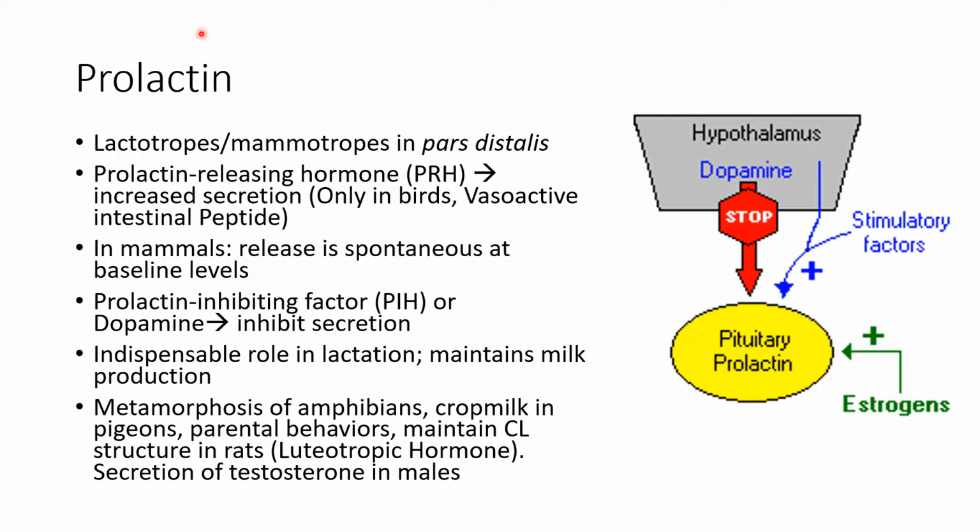So next, we have your prolactin. Of course, it is produced by your lactotropes or mammotropes in the pars distalis of your adenohypophysis. Now, its regulation is not as straightforward as that of growth hormone, which has a releasing hormone and an inhibiting hormone.